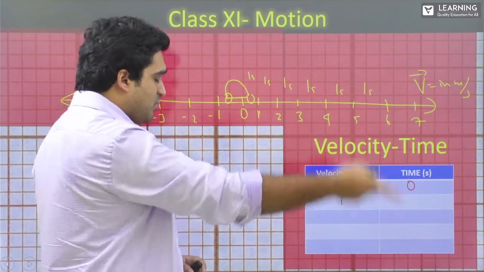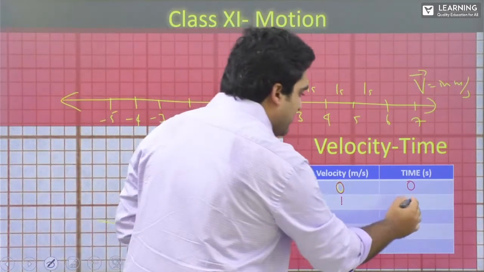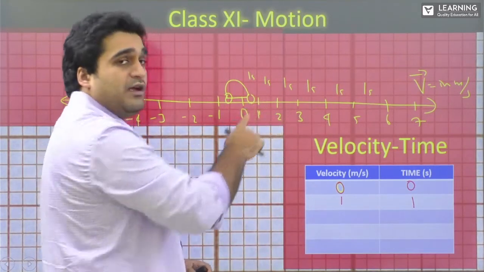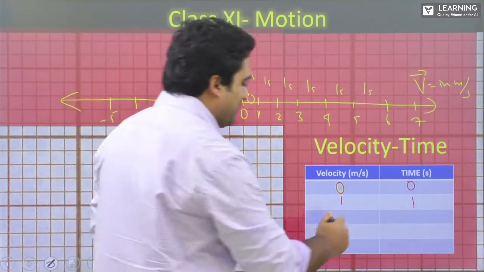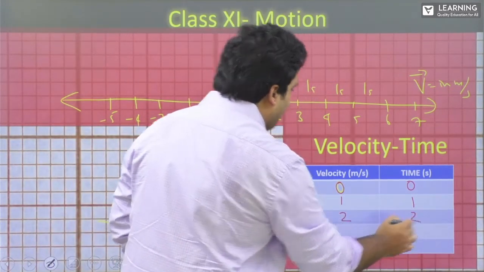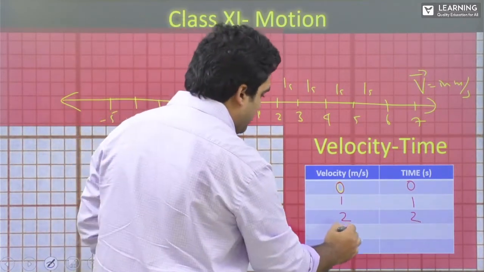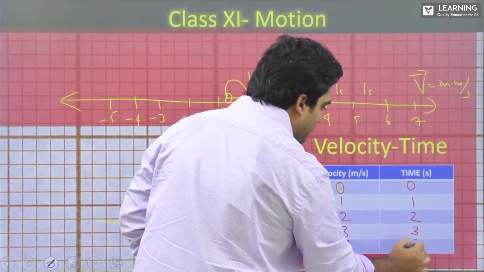It changes to 1 meter per second in what duration? 1 second. Then it changes to 2 meter per second in what duration? 1 plus 1, 2. Then it changes to 3 meter per second in 3 seconds. Similarly, 4 meter per second in 4 seconds.